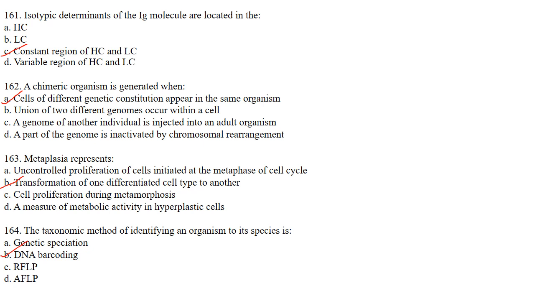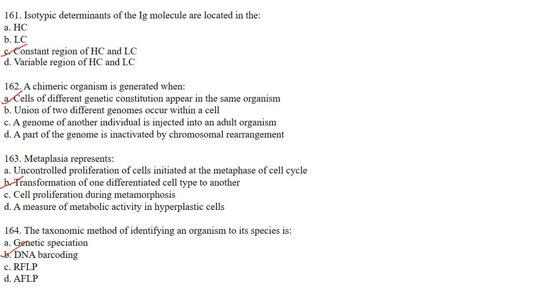Then a chimeric organism is generated when? So cells of different genetic constitution appear in the same organism. Answer is option A. Then metaplasia represents. Metaplasia is the replacement of one differentiated somatic cell type with another differentiated somatic cell type in the same tissue.